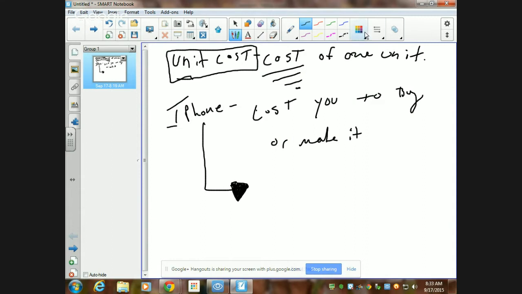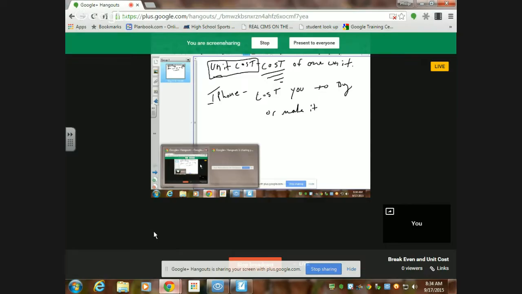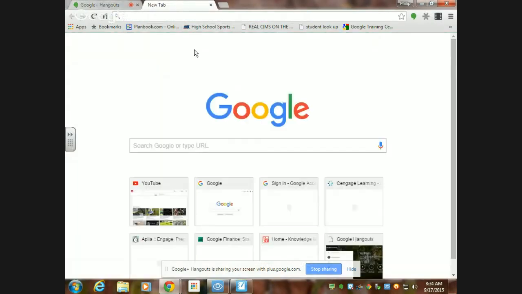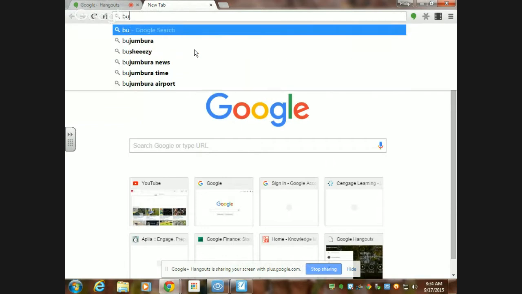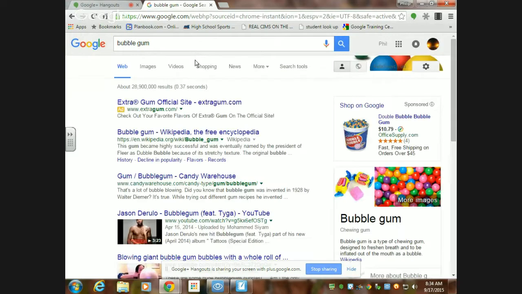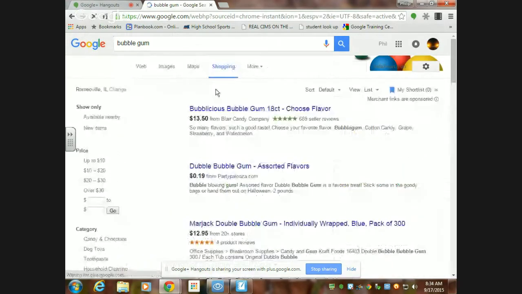All right. Let's go ahead and go with something simple like this. We're going to do a couple things to calculate it. I'm going to pull up something that looks like this. Bubble gum. We're going to go to shopping.